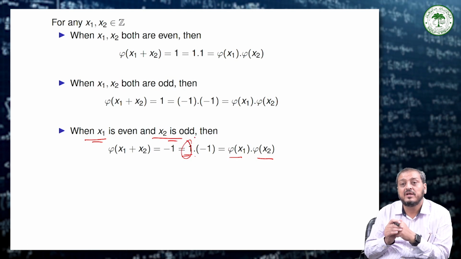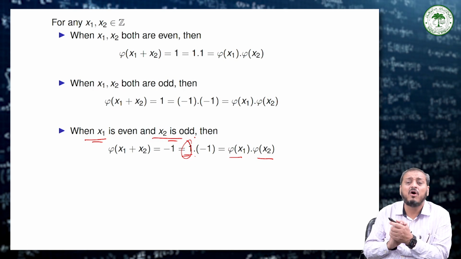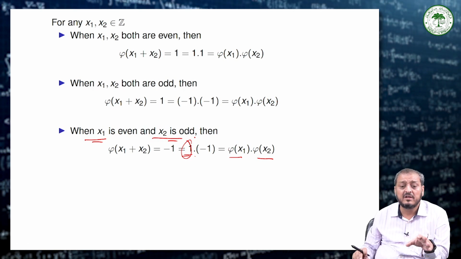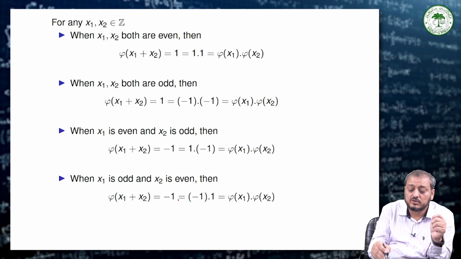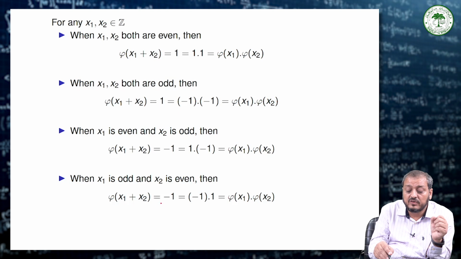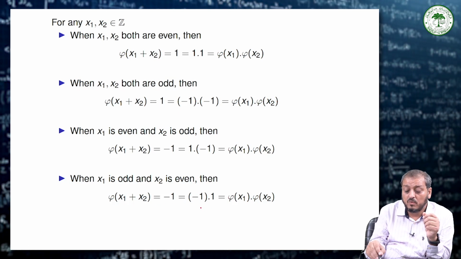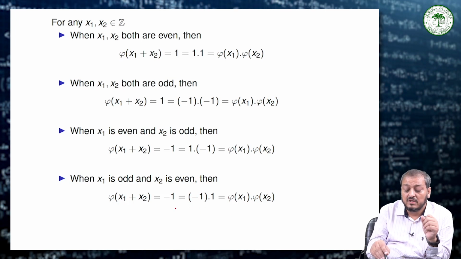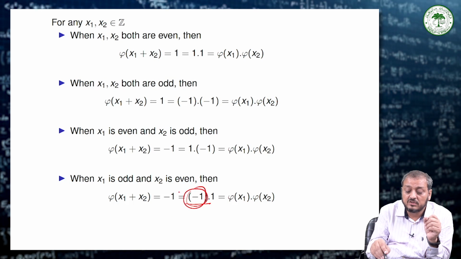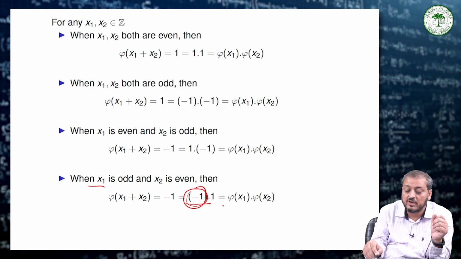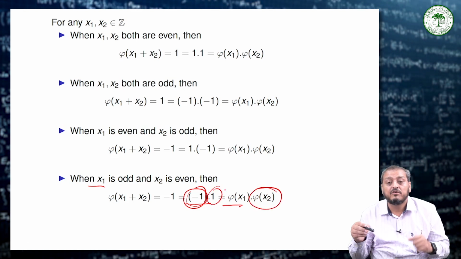The last possibility is when x1 is odd and x2 is even. Then again the sum is odd, so phi of x1 plus x2 is -1, which can be written as -1 into 1, equal to phi of x1 times phi of x2.